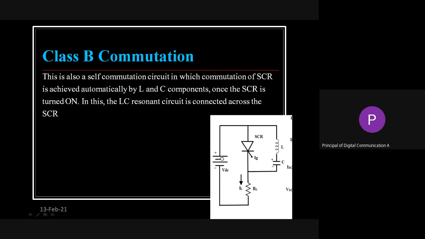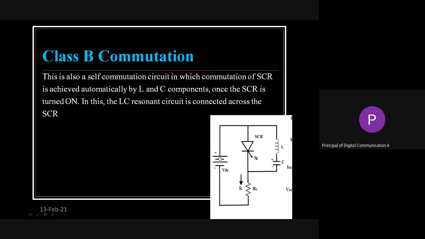Second step, we have to turn the SCR on by giving the gate trigger. Once the SCR is on, as per the current analysis, current is going to flow in two loops. Which are these two loops?